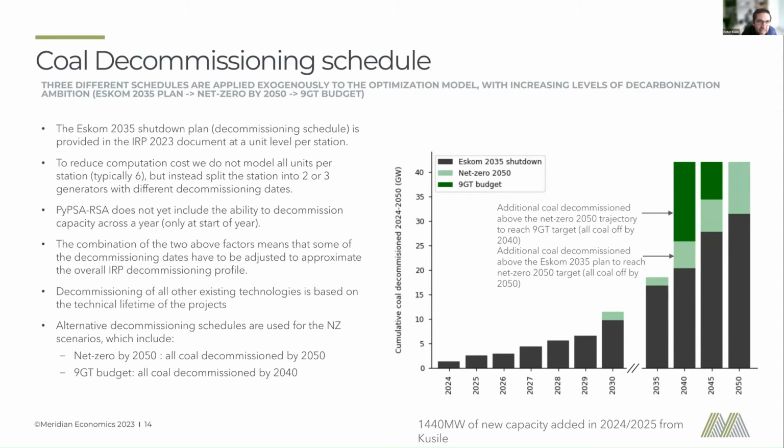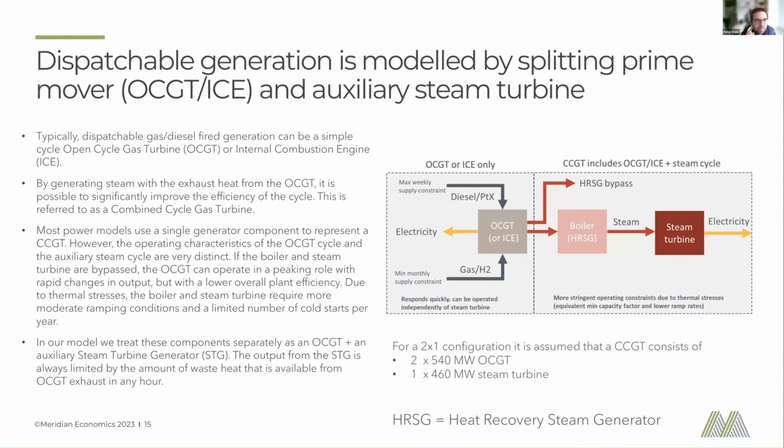And there isn't endogenous decommissioning available within PyPSA as a functionality yet, so most of these are exogenously applied. We reference some of the previous PLEXOS work that the CSIR did for us, which had some endogenous decommissioning of the coal fleet, and we just followed those profiles. But it's definitely something we're hoping gets added to PyPSA as a functionality soon.